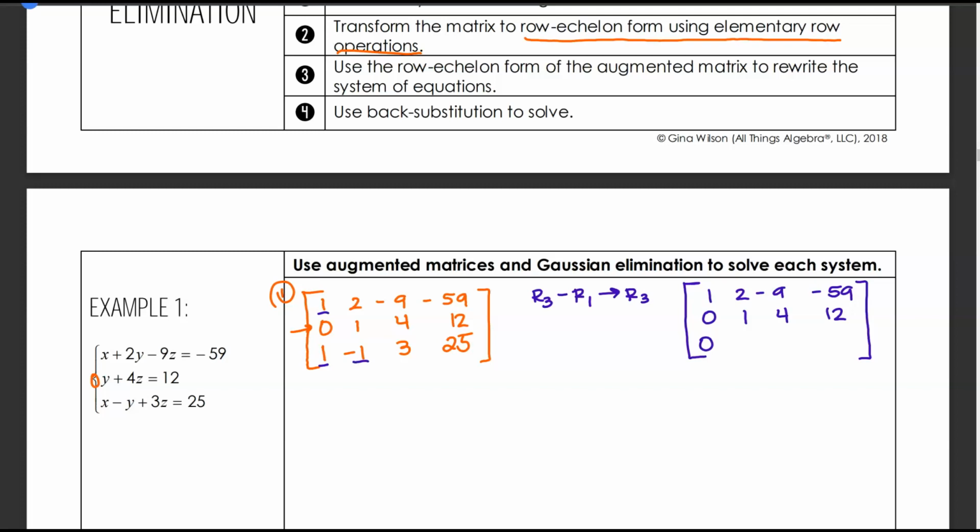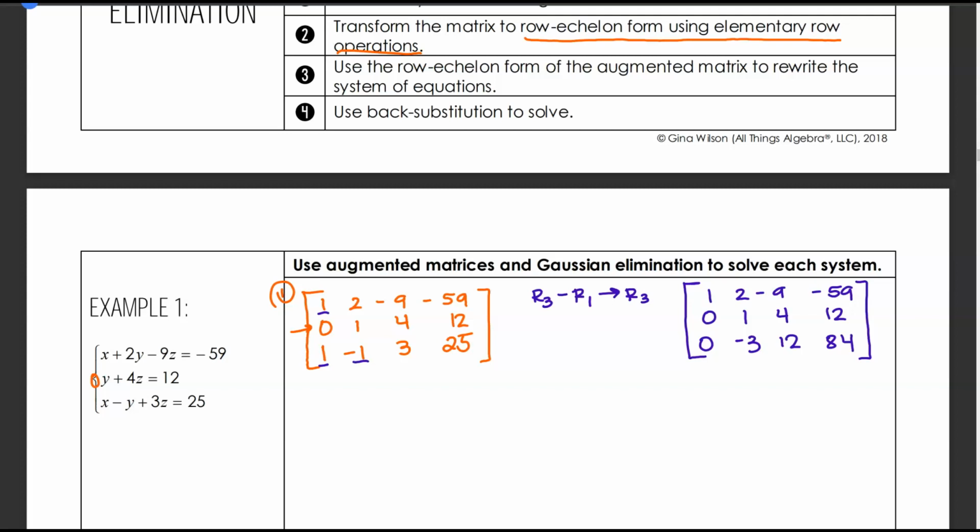Negative 1 minus 2, that's going to give me a negative 3. 3 minus negative 9, that's going to give me a positive 12. And 25 minus negative 59, that's going to give me a positive 84. Okay, so that was our second step.